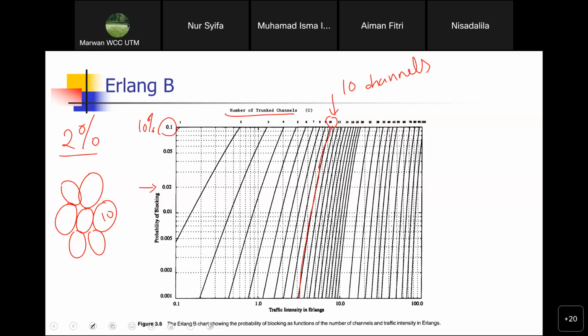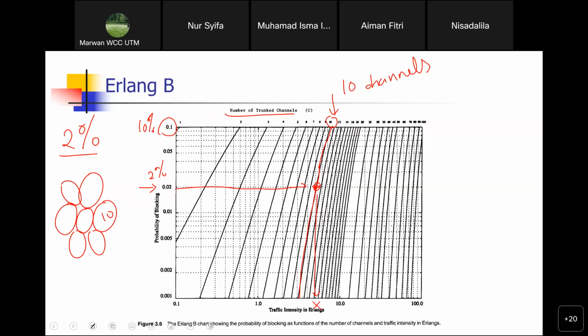This one, 2%. Okay. So at 2% blockage probability, you get this point, and this will give you around that. So the total Erlang is given by this value X.